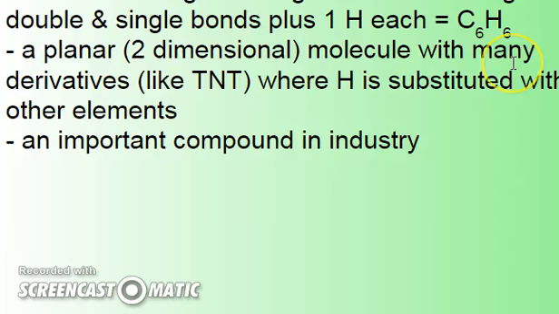So before I move on, I just want to draw what benzene looks like. Again, it's C6H6, and it's 6 carbons in a hexagon. So something like this, and then each one has a hydrogen attached to it.